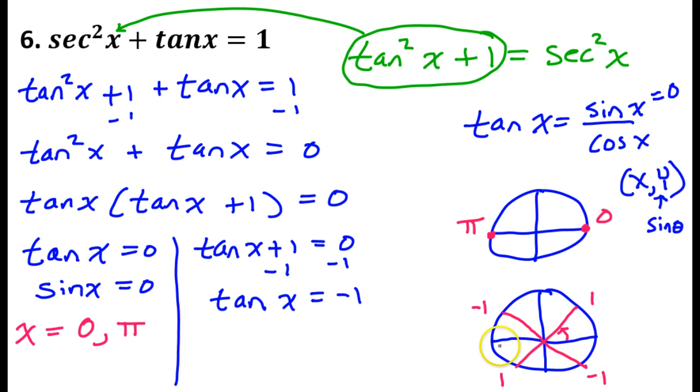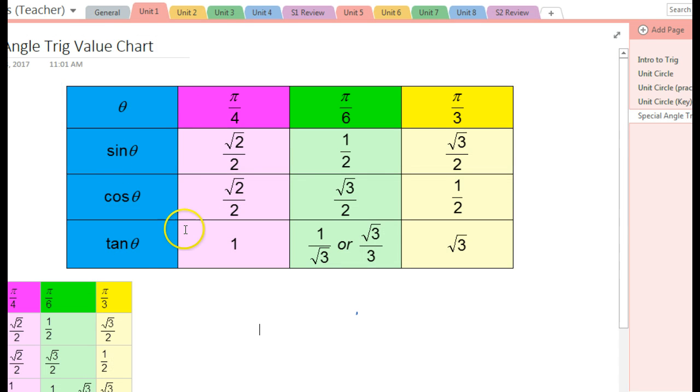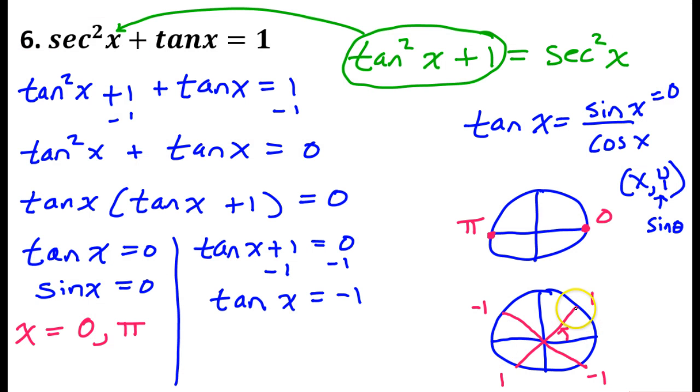So all of these have reference angles of pi over 4. I know that tangent of pi over 4 gives me 1. So that tells me that any angle that has a reference angle of pi over 4 is going to give me a tangent of either 1 or -1. In this case, we want -1. So that means we want this angle and this angle, the two places where you get -1.